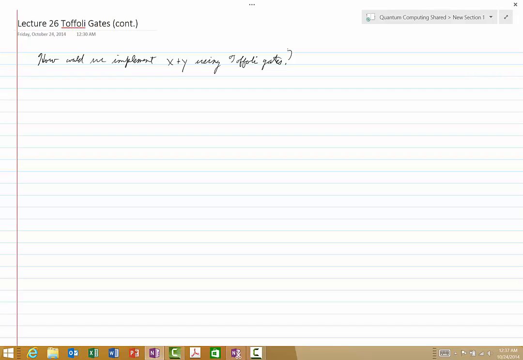We're thinking now of X and Y being classical bits, and we want to use Toffoli Gates to implement X ORed with Y. Furthermore, since we're using Toffoli Gates, we expect that this implementation will be reversible.